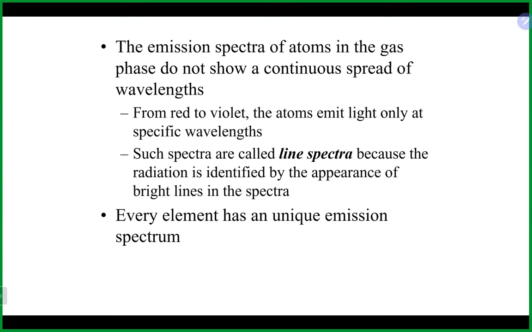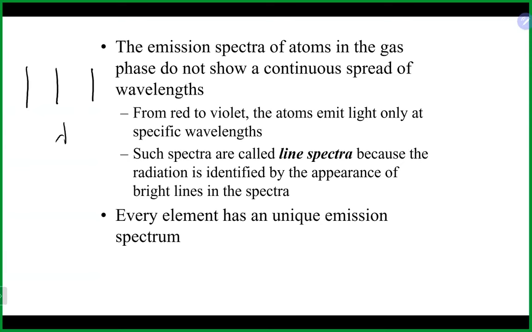They don't show that whole rainbow of everything coming off at once. They have what's referred to as a line spectrum, and it is pretty much what it sounds like. You will see distinct lines that occur at specific wavelengths, and they will have specific colors.